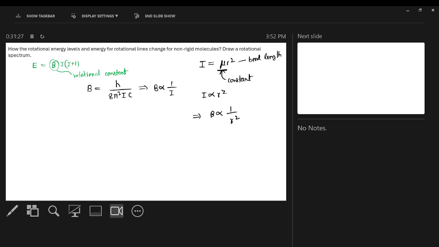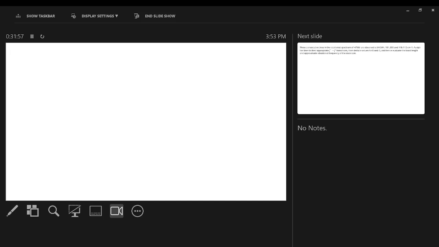And we also saw that r is directly proportional to J. From the table and from our explanation, we saw that the bond length r increases as the rotational quantum number increases. So let's say we will draw one rotational spectrum. Let's go to the next slide. I will write here rigid on one side and non-rigid on this side.